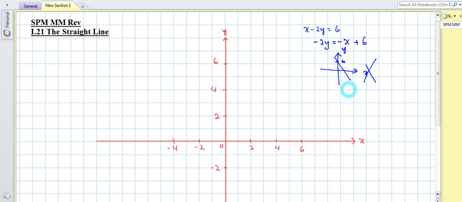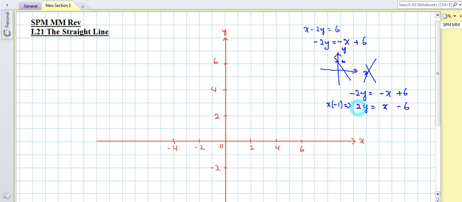Okay, what do I mean 1 and positive? Let's say now you have this equation negative 2y is equal to negative x plus 6. So I don't want a negative. I want to make it become positive. I just simply multiply the whole equation by negative 1. So this is 2y, this is x, and this becomes negative.